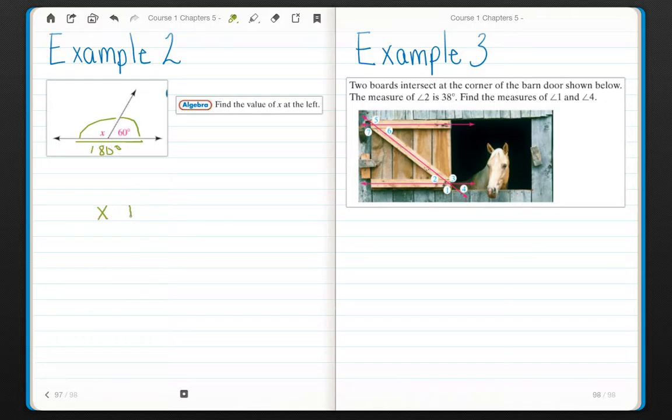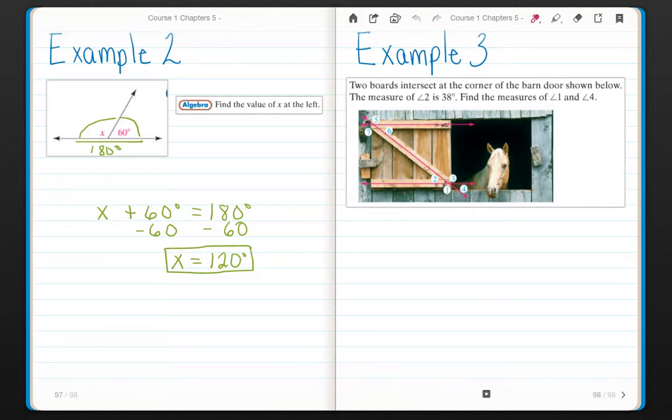So x plus 60 degrees equals 180 degrees. Again, we subtract 60 from both sides to solve for x. X equals 120 degrees. 120 degrees is an obtuse angle, so that does make sense because x is an obtuse angle. So let's put all this together now with example 3.